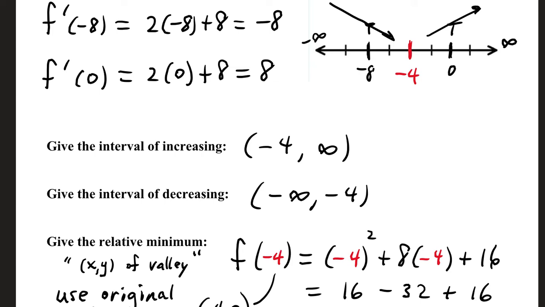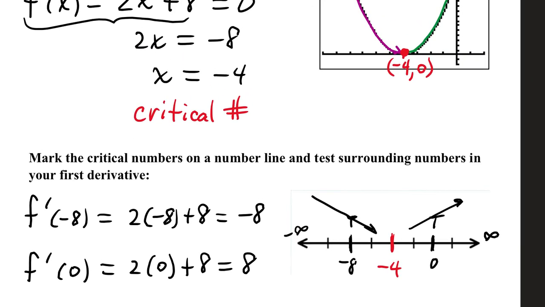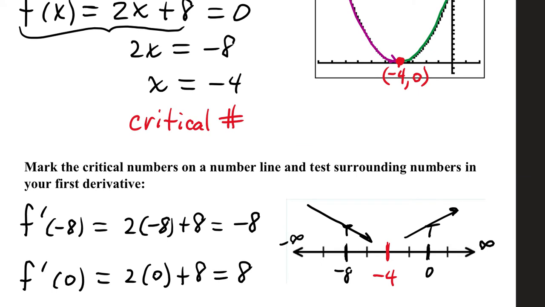The number you plug in and the answer you get paired up forms a point on the original graph. So I'm going to go back up one more time, and we will note that (-4, 0) is in fact the lowest point on that graph. And so that's a relative minimum.